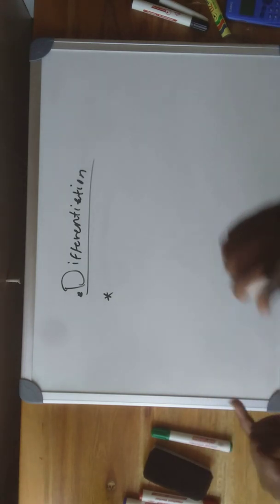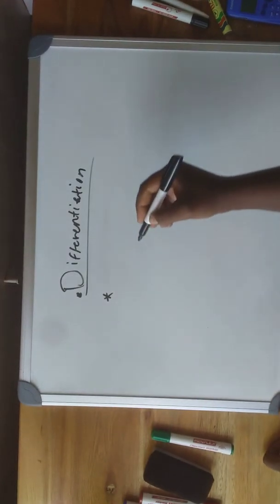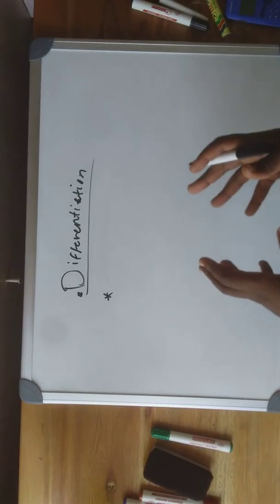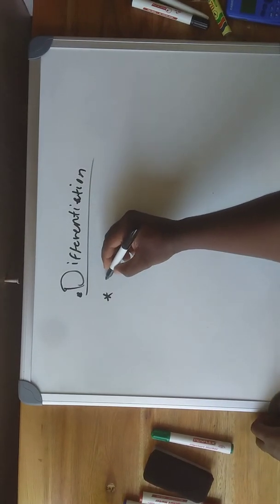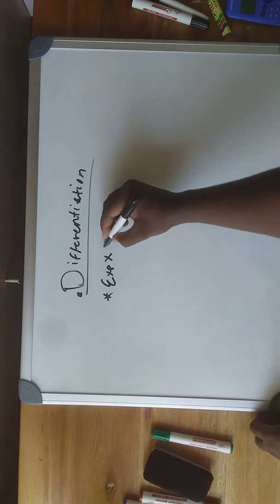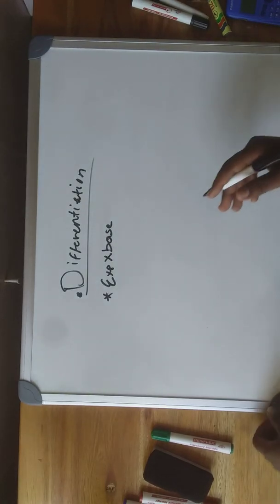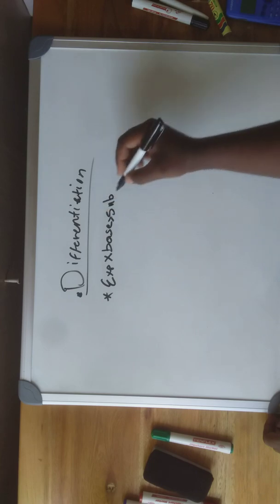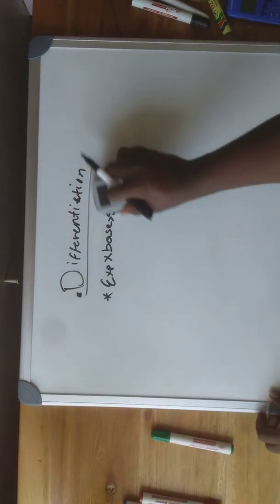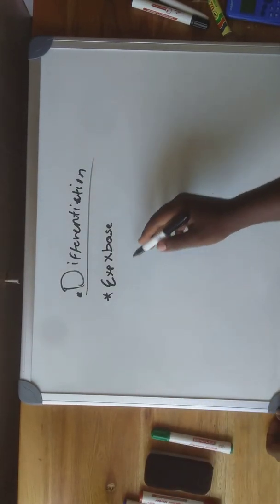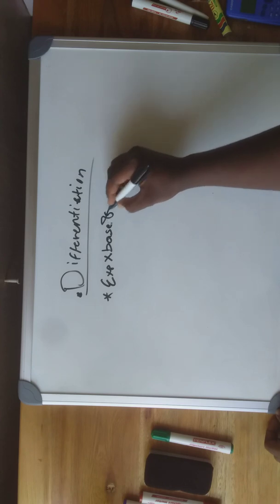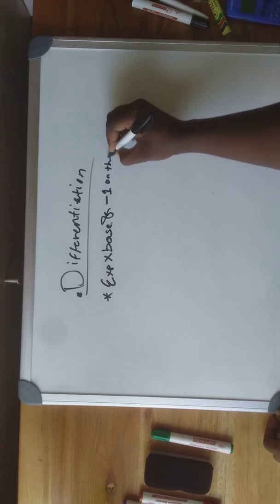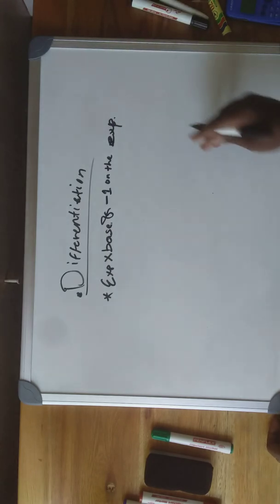So the first rule you should put in your mind is you take the exponent and multiply it with the base, and then you subtract 1 from the exponent.